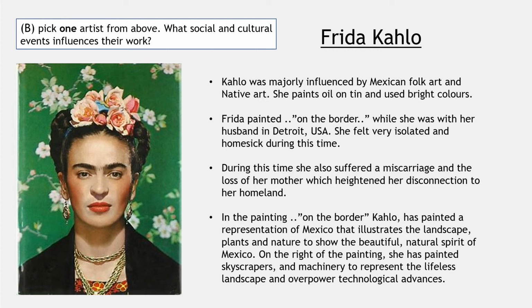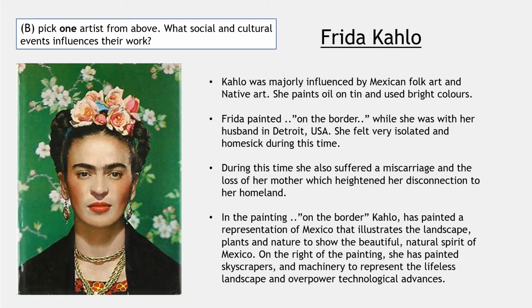And then if we're being more specific about the painting, we could be talking about the specific symbolism, the specific objects in the painting that are symbolic of what was going on in Frida Kahlo's life at that time. That could be the contrast between the rural Mexico imagery and the more industrial USA imagery.